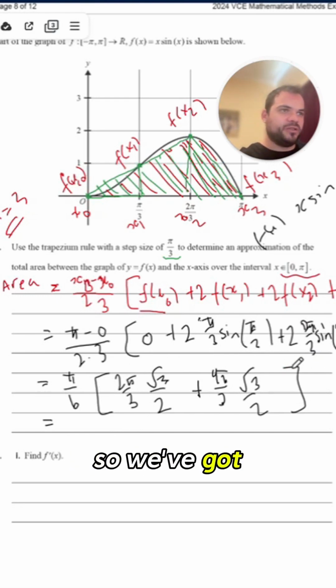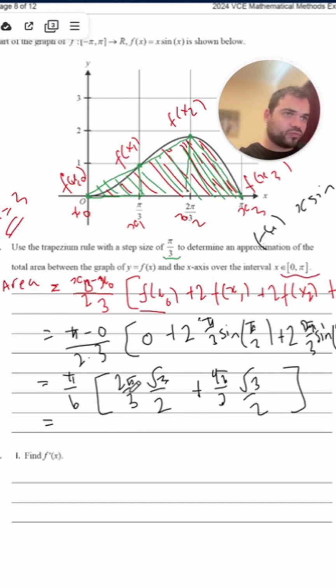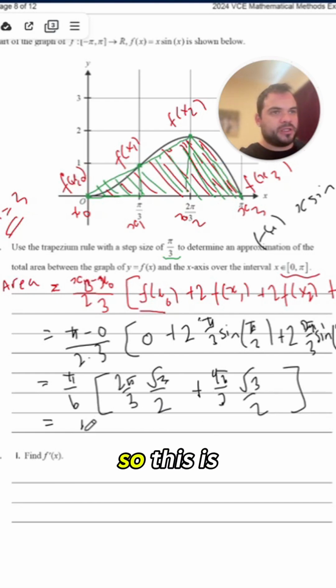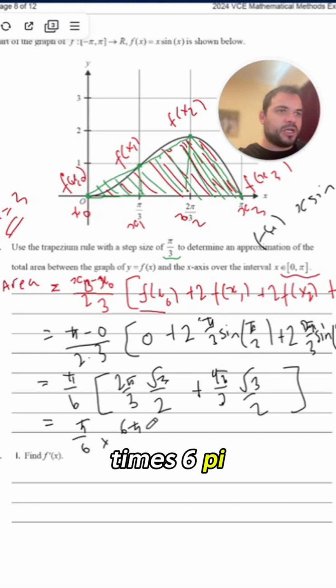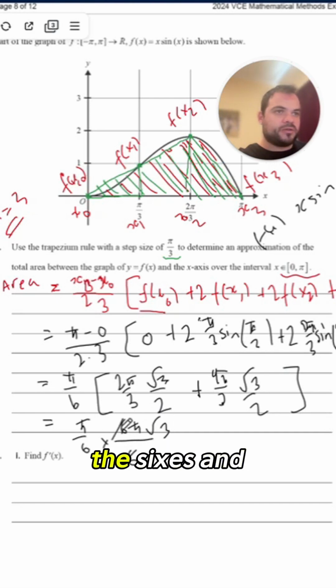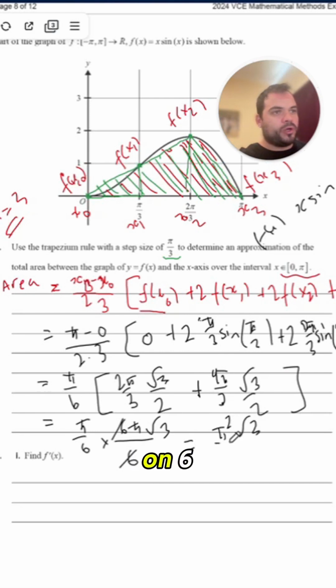So we've got 2 pi root 3 on 6 plus 4 pi root 3 on 6 is 6 pi root 3 on 6. So this is pi on 6 times 6 pi root 3 over 6. We can cancel the 6's, and we get pi squared root 3 on 6.